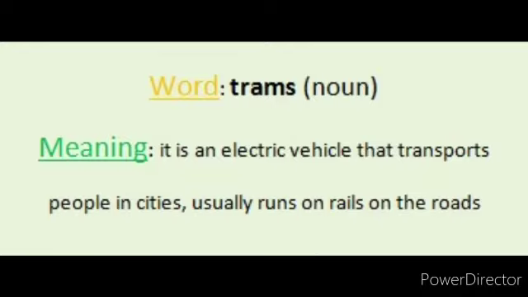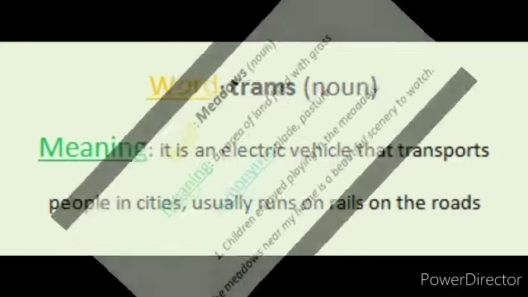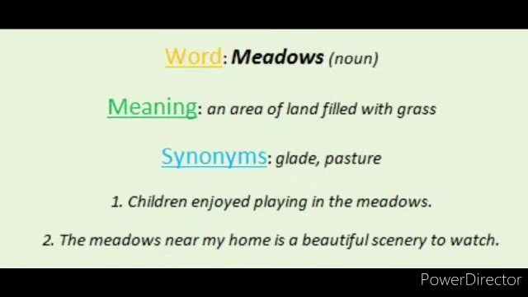The next new word, meadows. Meadows is a noun. It means an area of land filled with grass. Synonyms: glade, pasture.